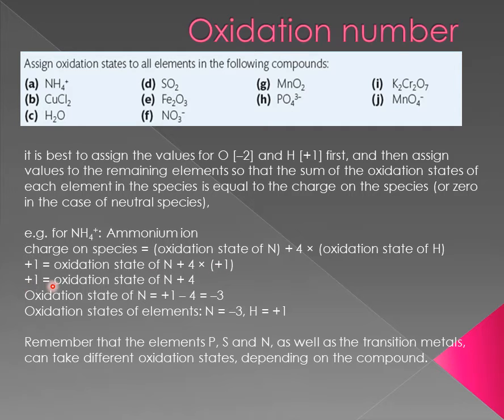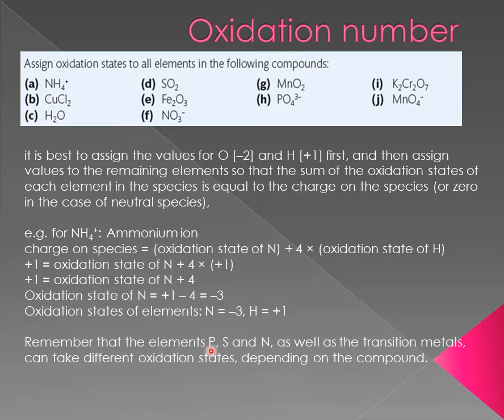So again +1 equals the oxidation state of nitrogen plus 4. Oxidation state of nitrogen equals +1 minus 4, because 4 moved to the other side, so it will be -4, equals -3. So the oxidation state of nitrogen is -3 and hydrogen +1.